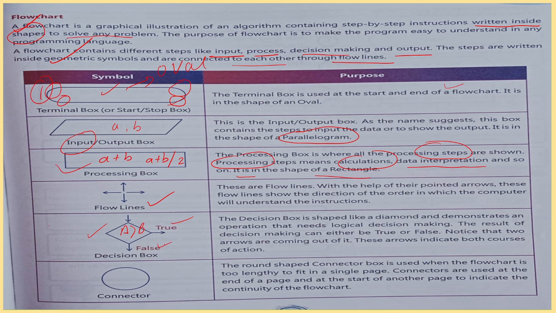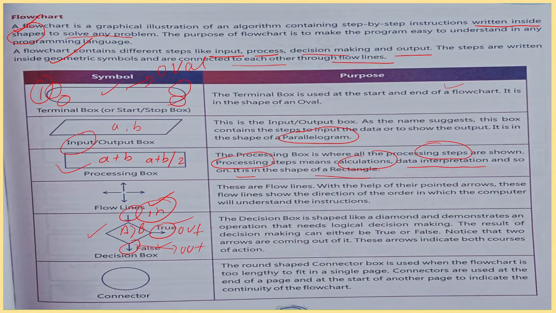Notice that two arrows come out of it and one arrow comes in. Clear? These arrows indicate both courses of action, deciding what kind of processing will execute. Next, connectors.